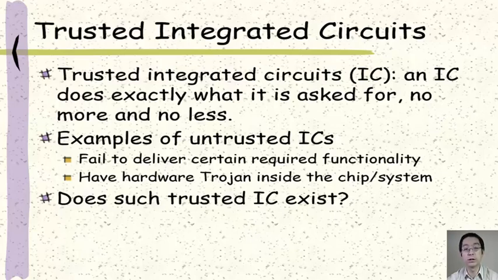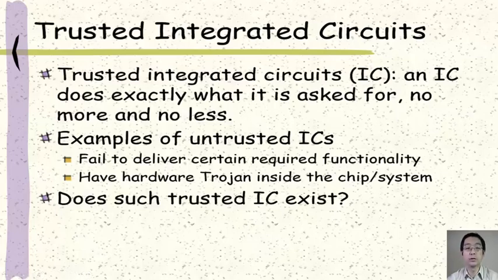With these don't cares, the system is going to give some deterministic values for the don't care conditions. Those are not specified, so whenever they have any deterministic values, they will be considered as more than the system spec. So in that sense, my argument here is that trusted integrated circuits following this definition do not exist.